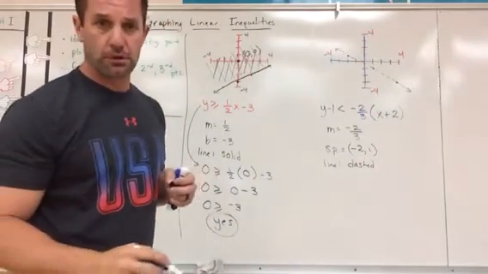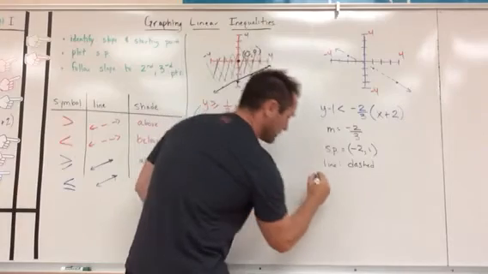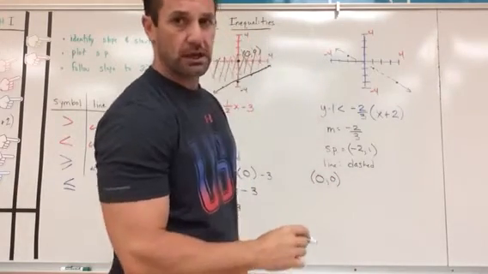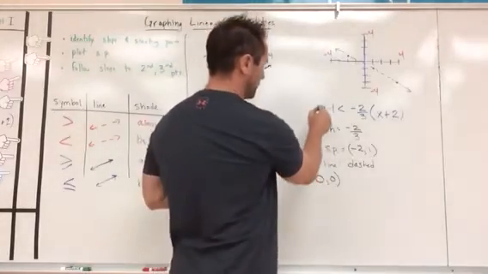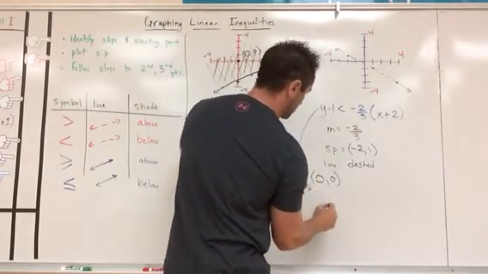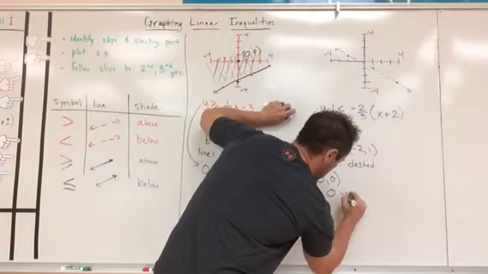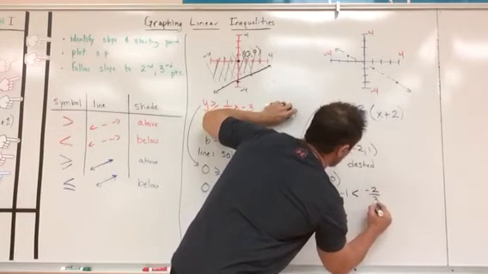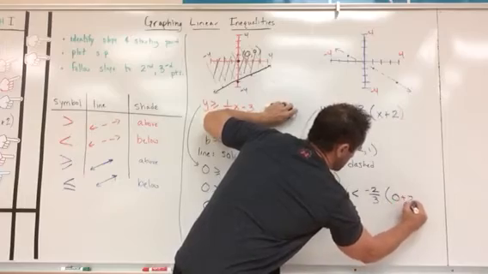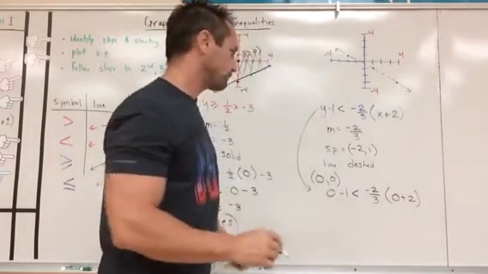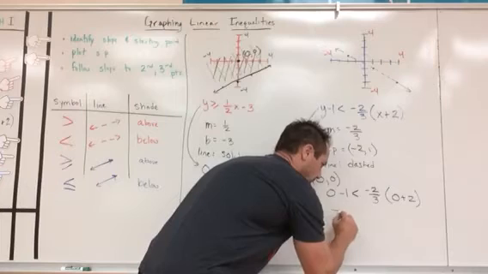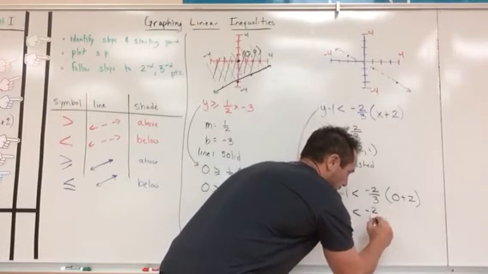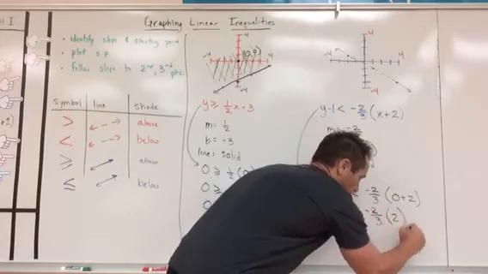For the test point that we're going to pick, we're always going to pick 0, 0. So my test point is 0, 0, and we're going to substitute that into the original inequality. So 0 minus 1 less than -2/3 times 0 plus 2. And let's simplify. -1 is less than -2/3 times 2.